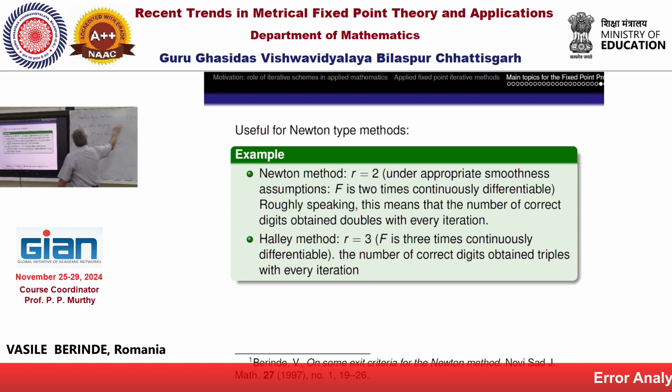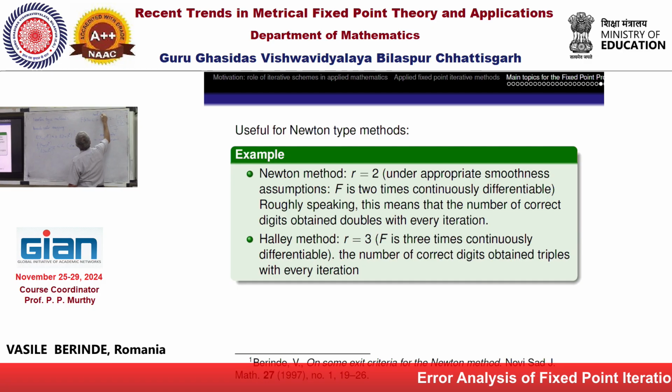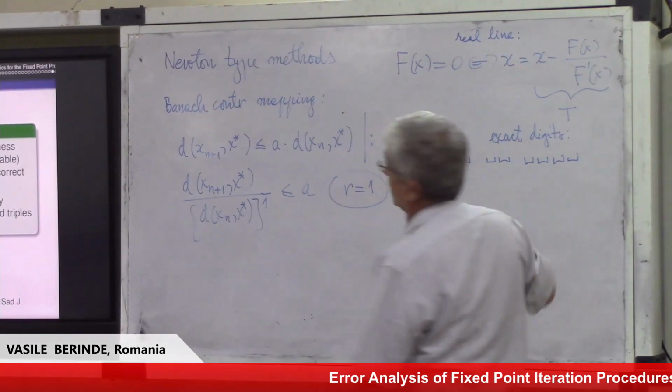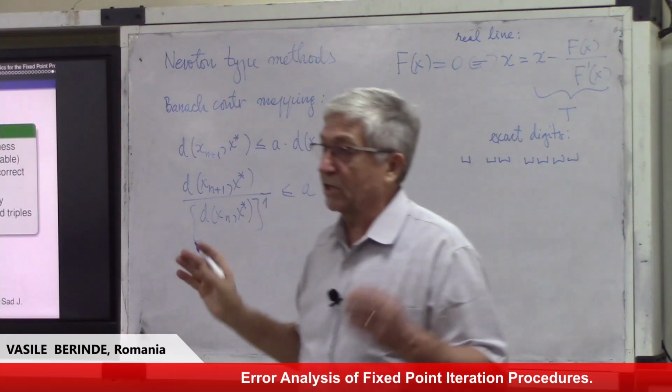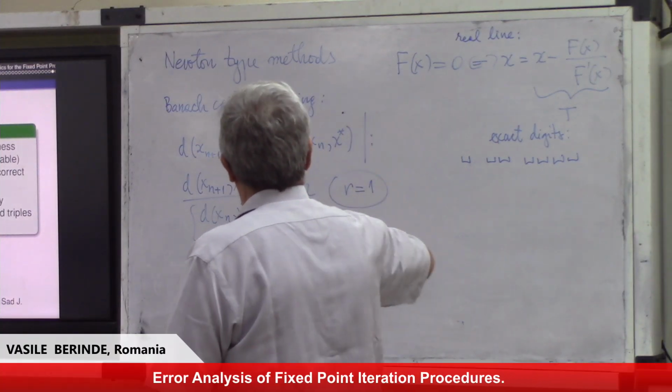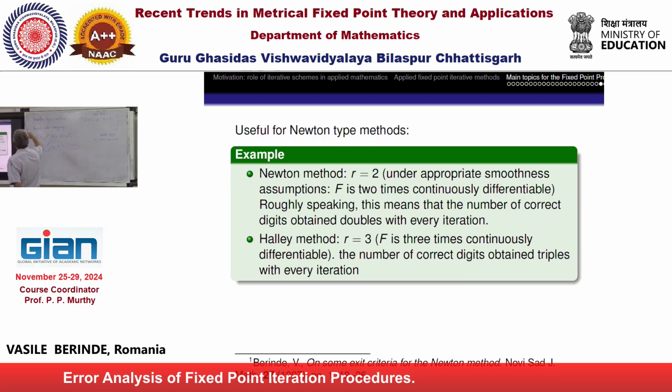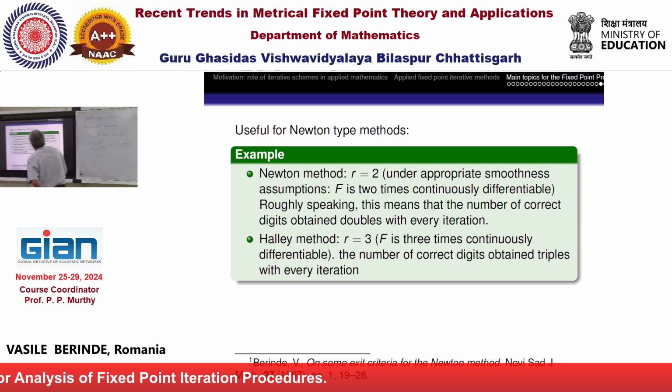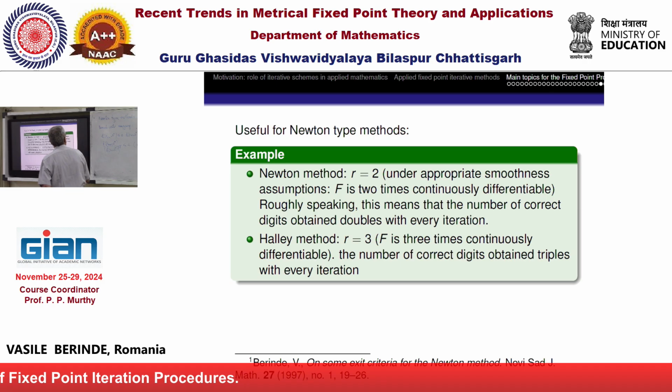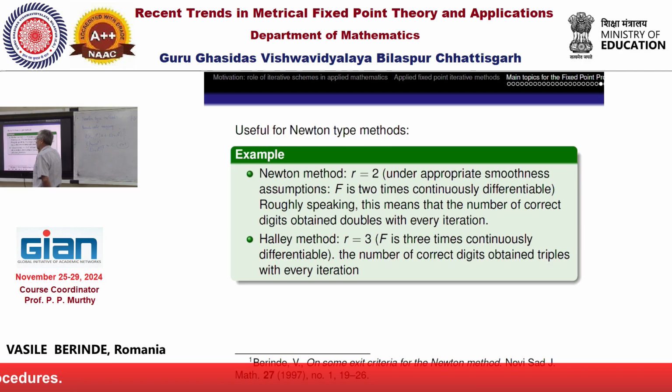I'm speaking here on the real line, but all this theory is done in Banach spaces, so functional equations in Banach spaces. All this theory about Newton method was translated into the Banach space setting by Kantorovich almost 100 years ago, less than 100 years ago.